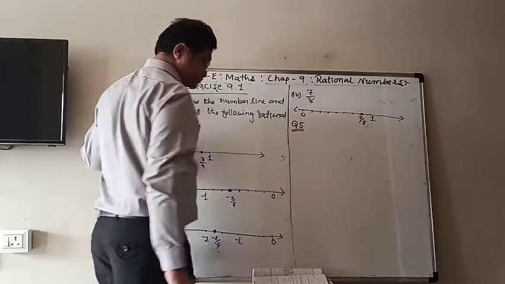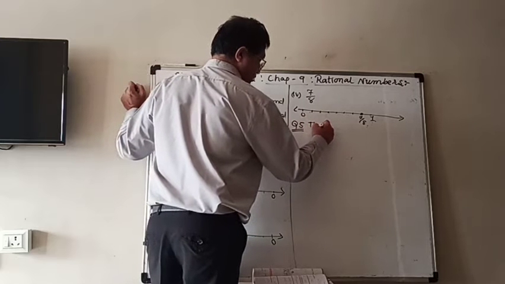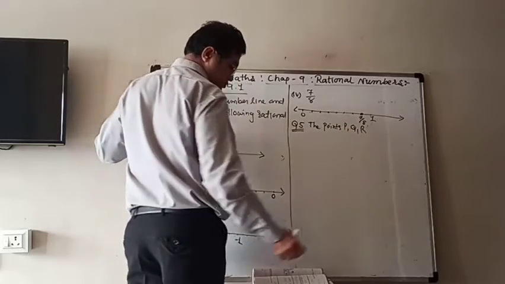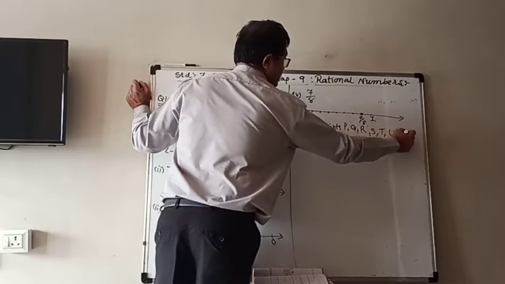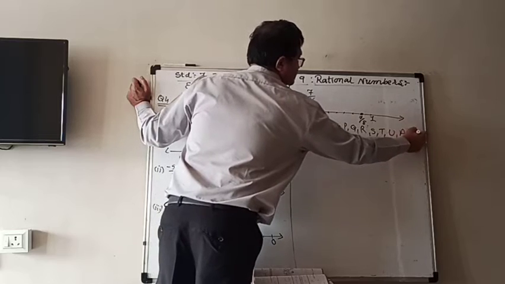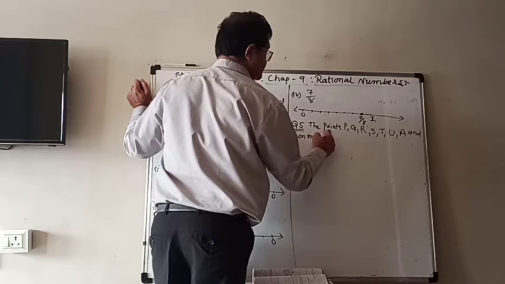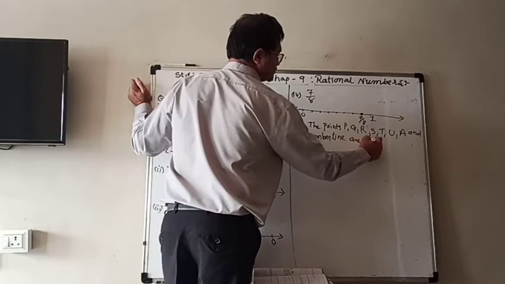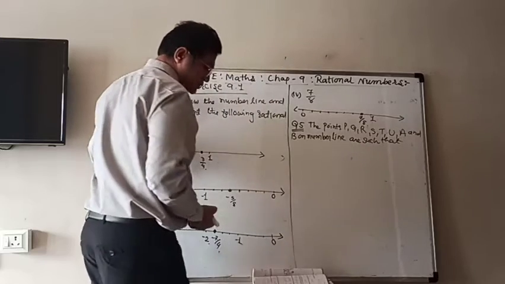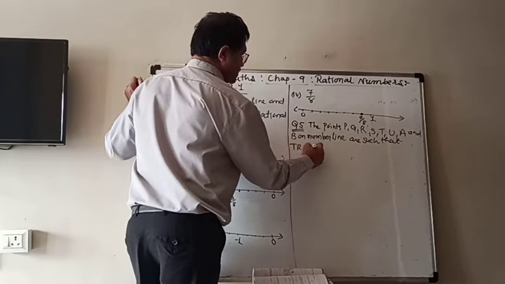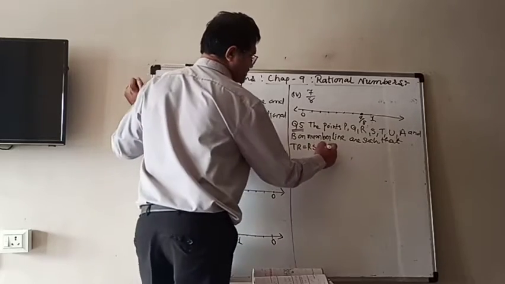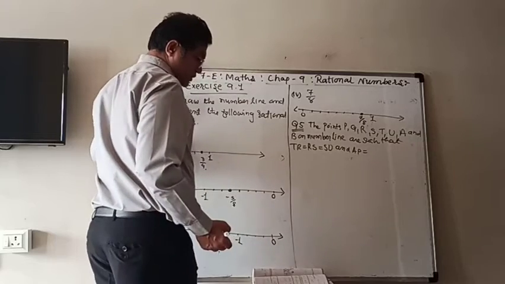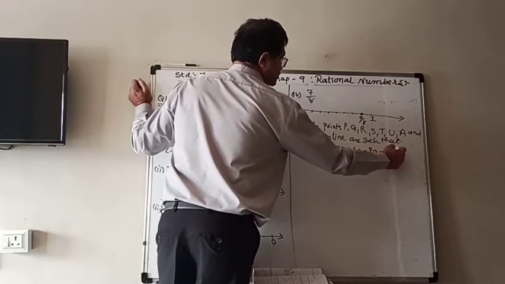Now, fifth question. In the question, the points P, Q, R, S, T, U, A and B on the number line are such that TR equals RS equals SU and AP is equal to PQ is equal to QB.